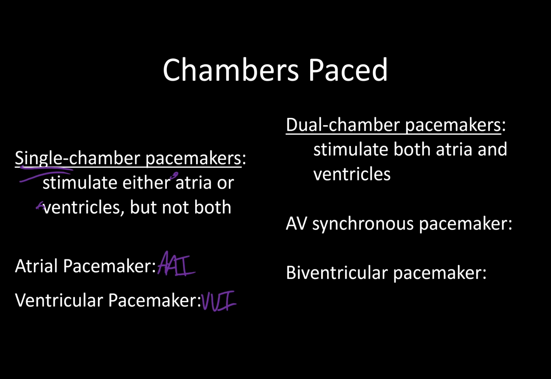The other side of it would be the dual chamber pacemakers. In that case, it is capable of stimulating both the atria and the ventricles. This is really cool because it allows us to do something called AV synchronous pacing. An example of that would be DDI, and you can go back to the previous slide to look at that classification closer.